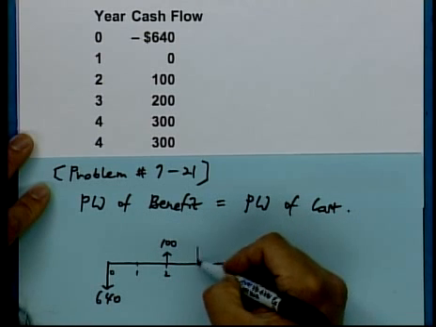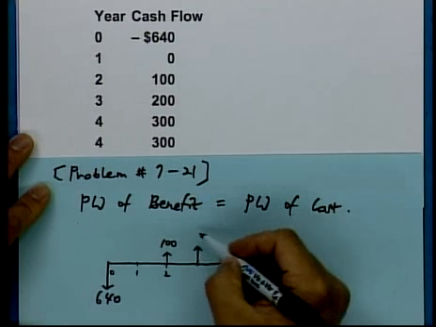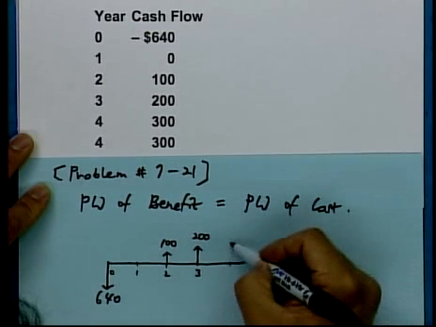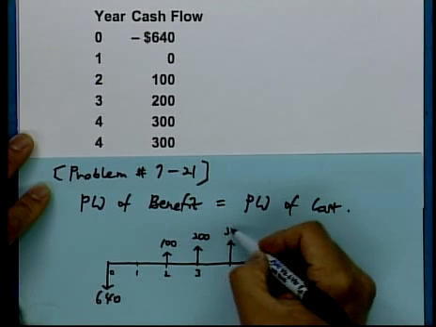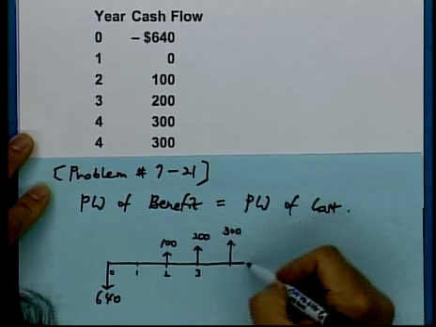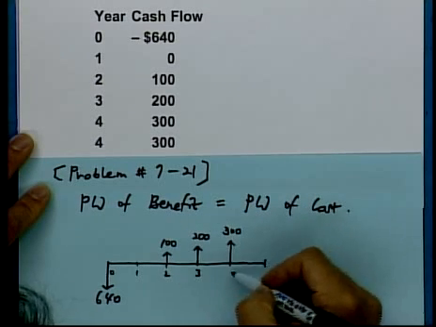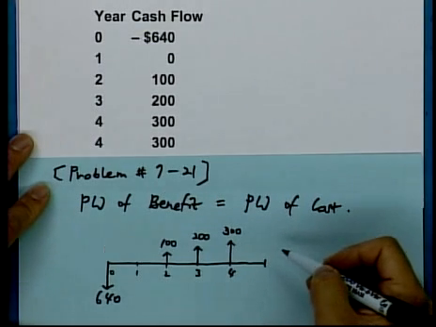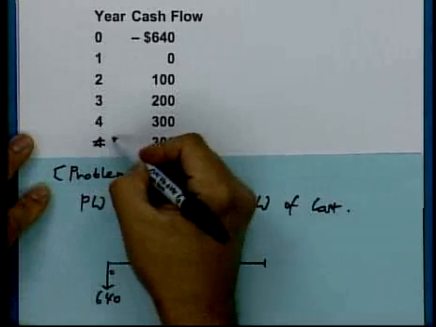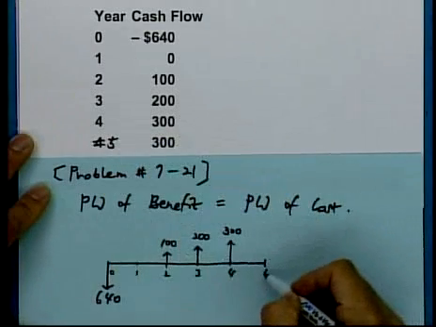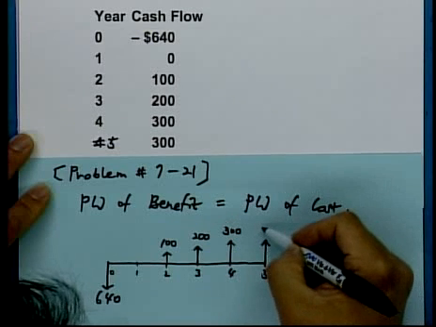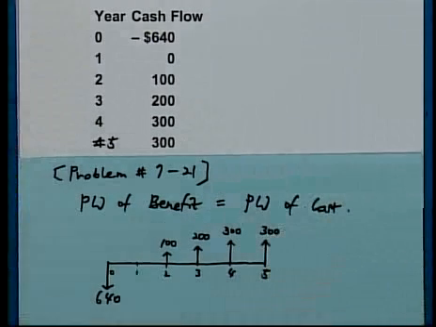At the end of period 3, 200. At the end of period 4, 300. And at the end of period, this should be 5, right? Period 5. There's another 300.